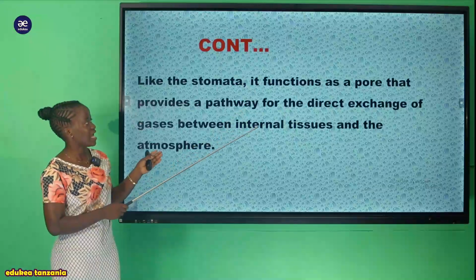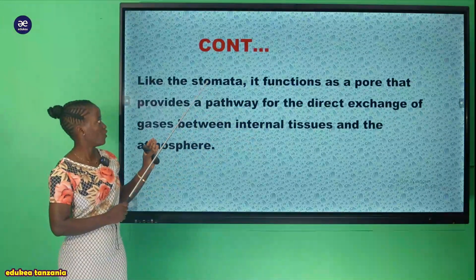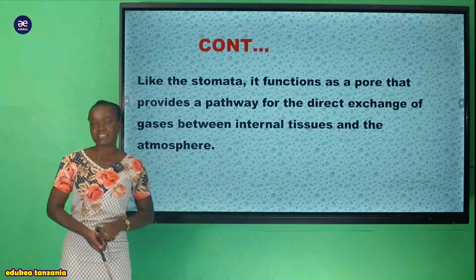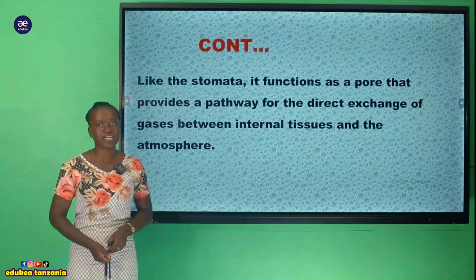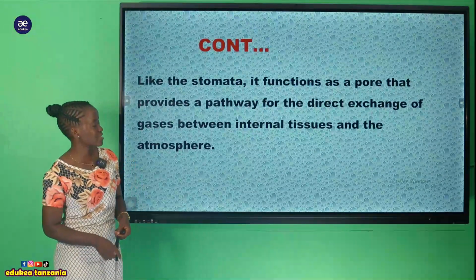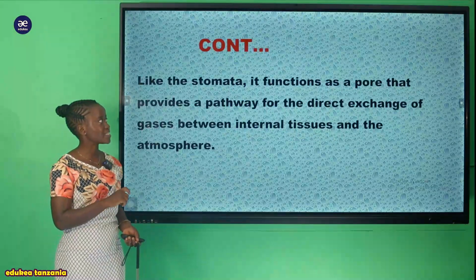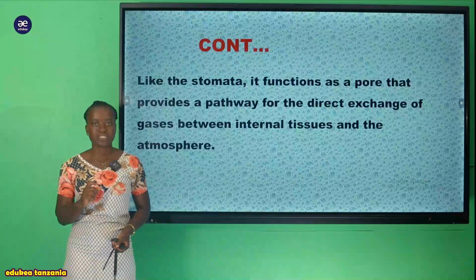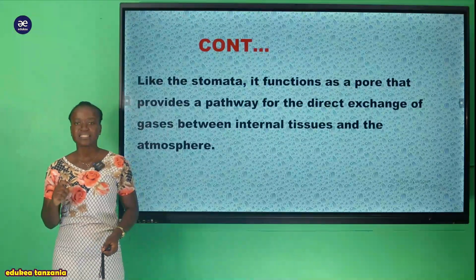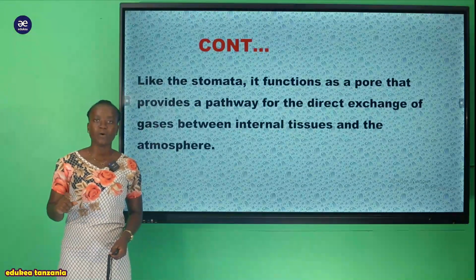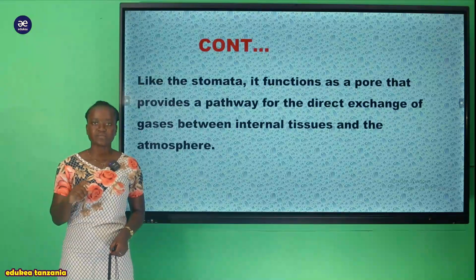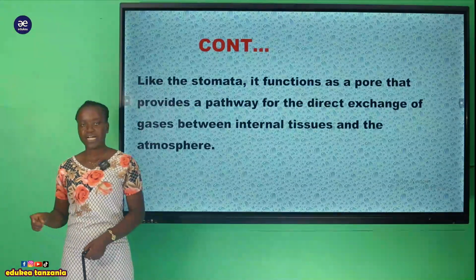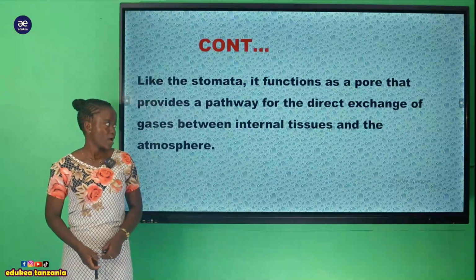And here we have said that the main function of the stomata is that it acts as a pathway whereby gases are exchanged in that region, kwa maana kwamba gases zina be exchanged kwenye hiyo pati ambayo inaitwa stomata. So the stomata acts like a lenticel, or it is just a pore which helps the process of gaseous exchange to occur within the plant body.